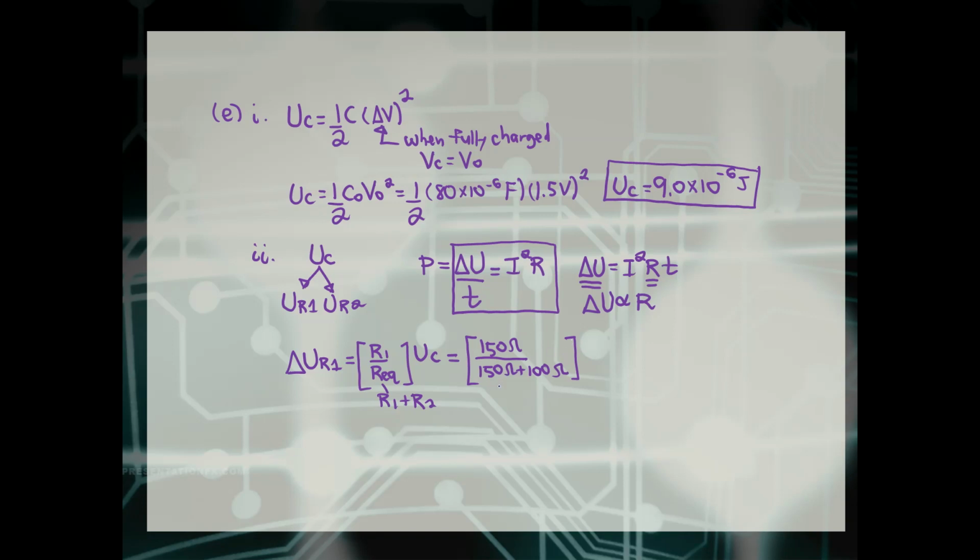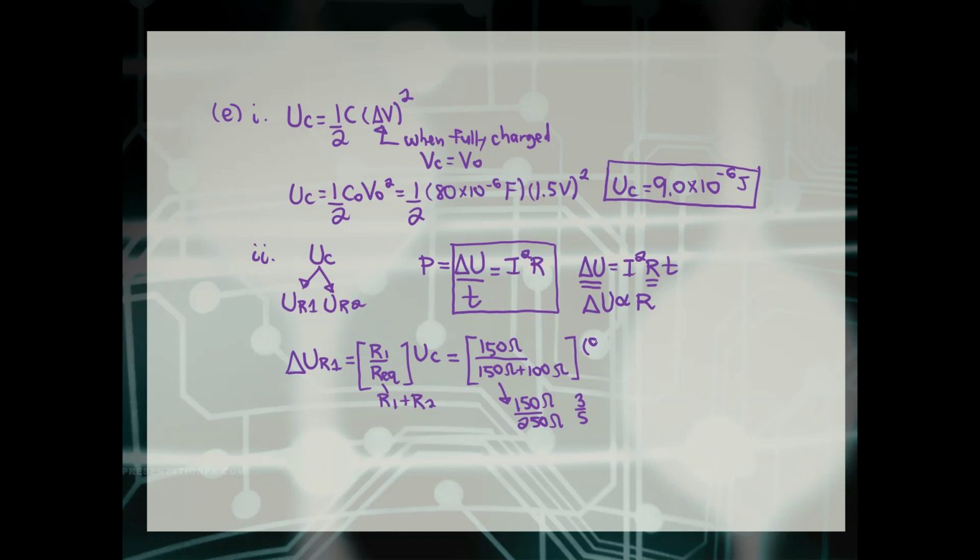If you look at this, it gives 150 over 250. If you reduce that fraction, 15 over 25, it becomes 3/5, which means 3/5 of that energy is going to resistor 1 and 2/5 is going to resistor number 2, just based on how the resistance values compare.